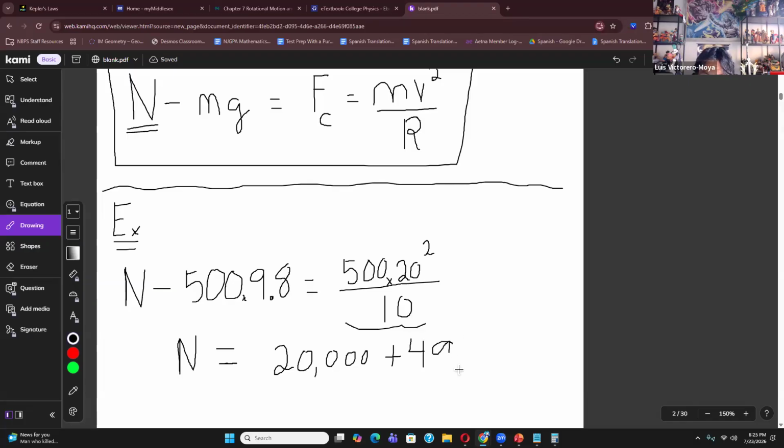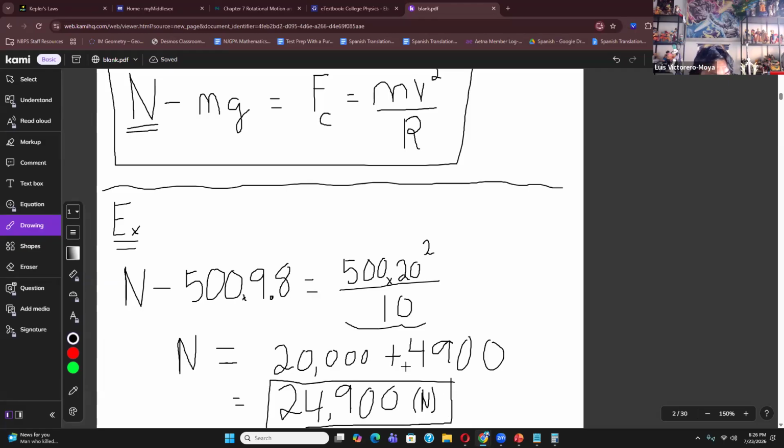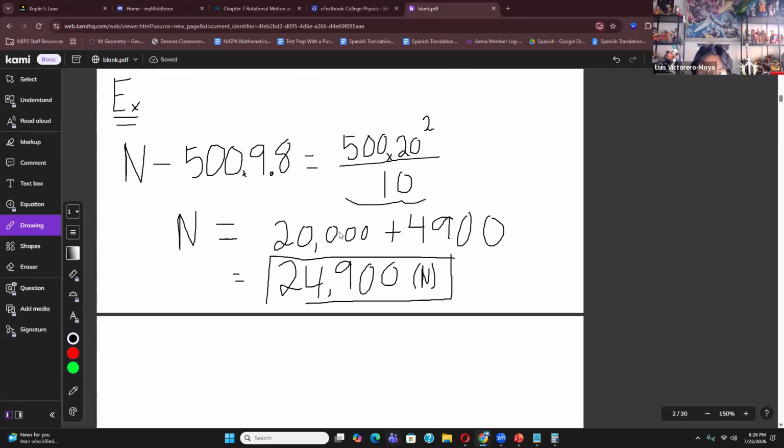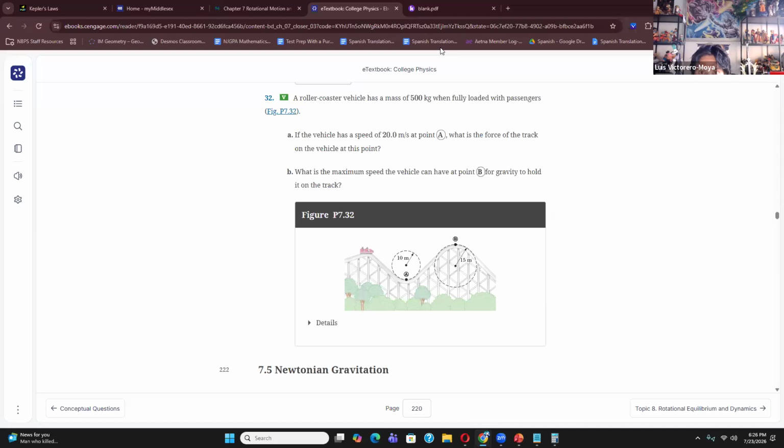So if you do the math, it is 24,900 newtons. That's the force that is acting on the vehicle at point A.